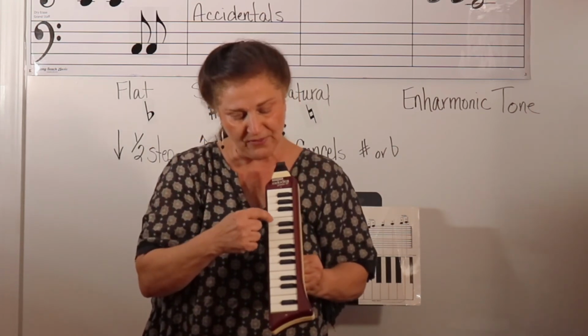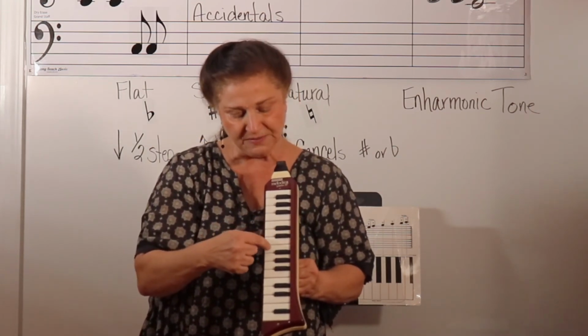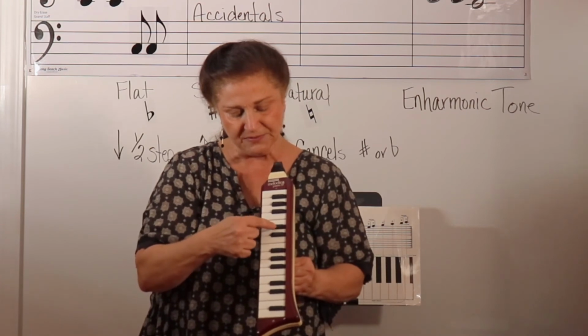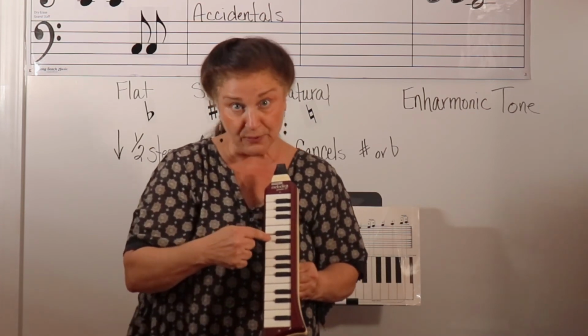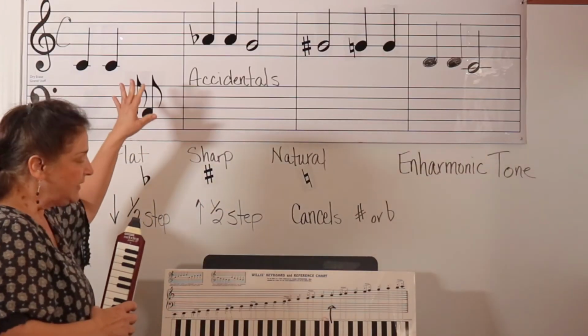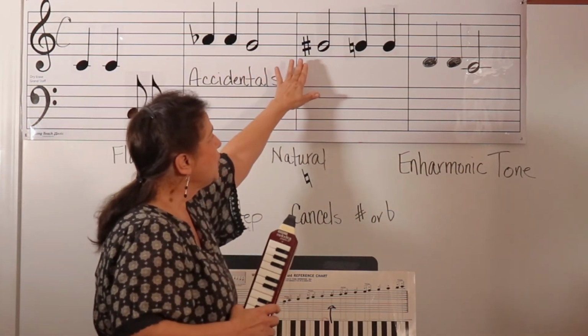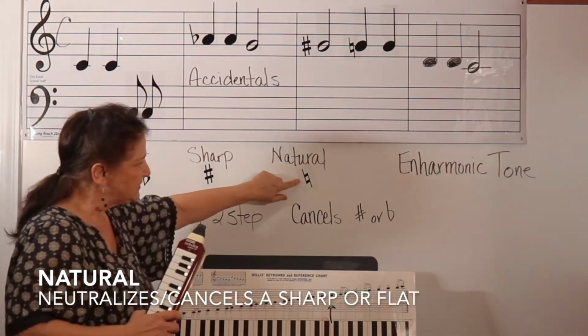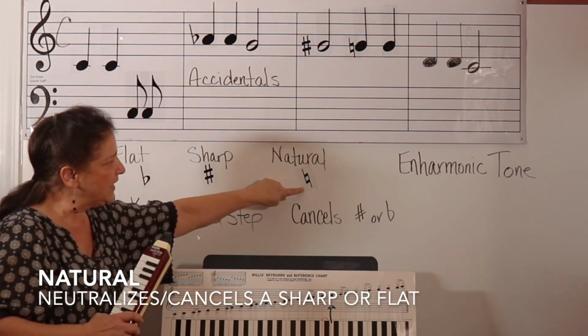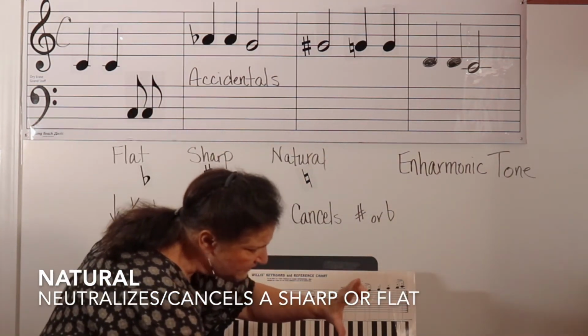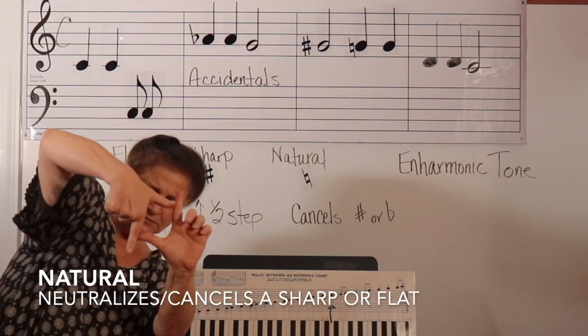Remember, we talked about these being half steps, and 2 half steps equal a whole step. All right? So we have flat, sharp, and now a natural sign. The natural sign looks like this.